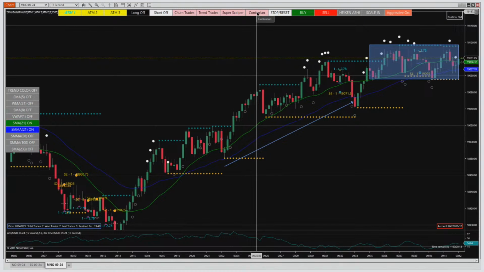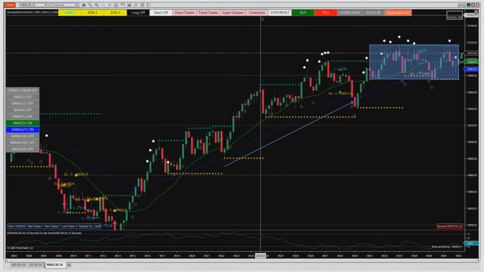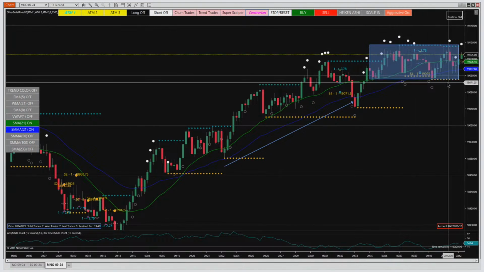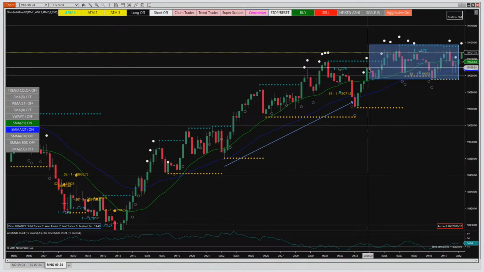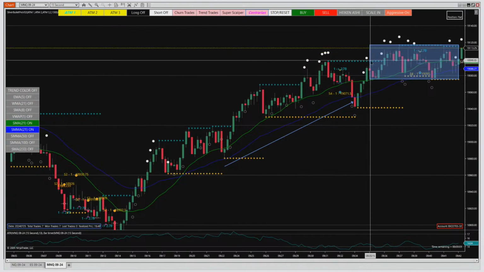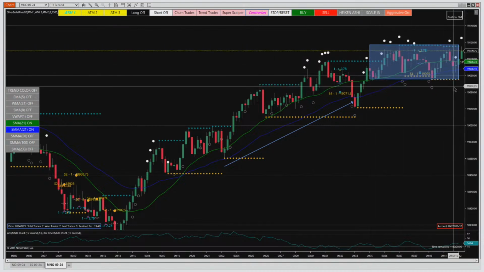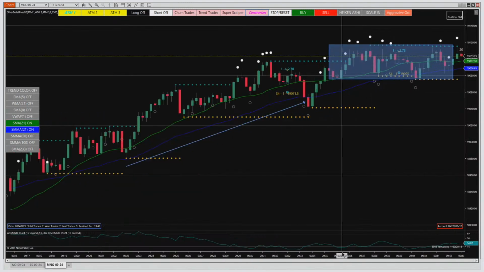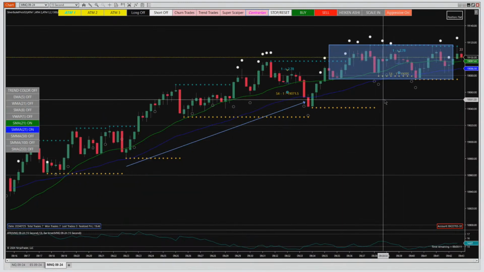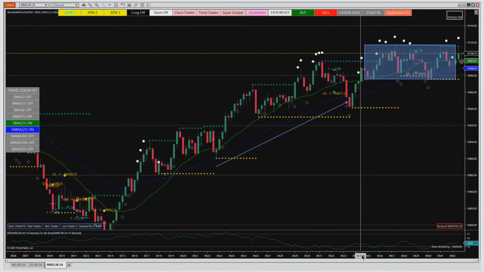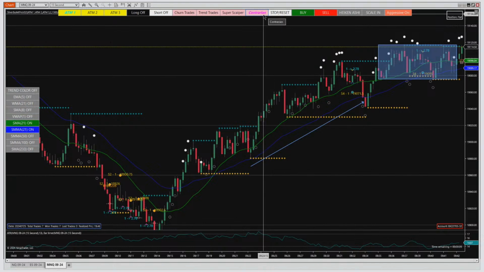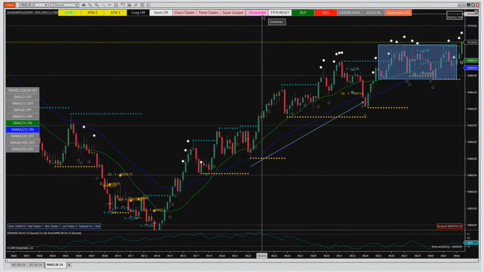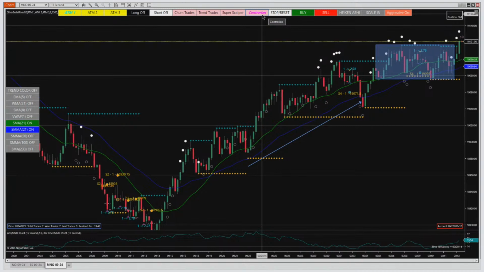If you're a contrarian trader, this is a great place to take contrarian trades, especially in the beginning of the formation of this rectangle. If this rectangle becomes too long, too elongated, you need to be careful about contrarian also. You can take one direction contrarian.